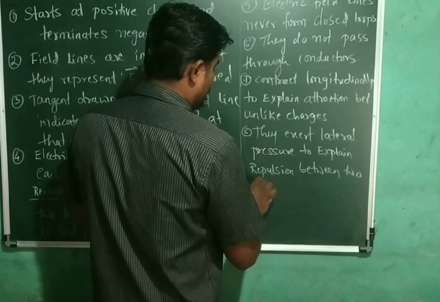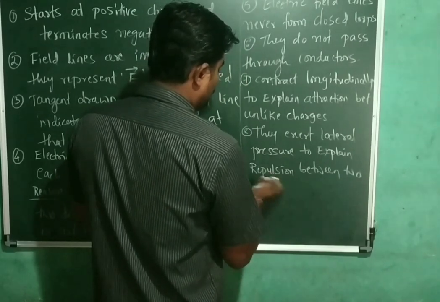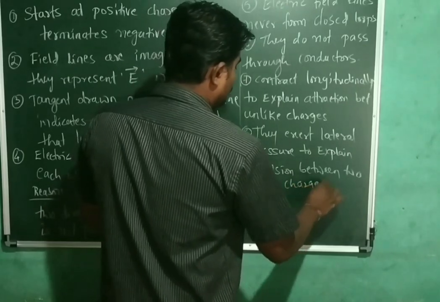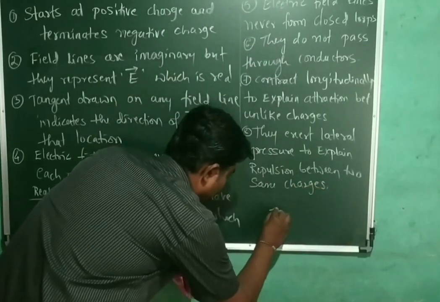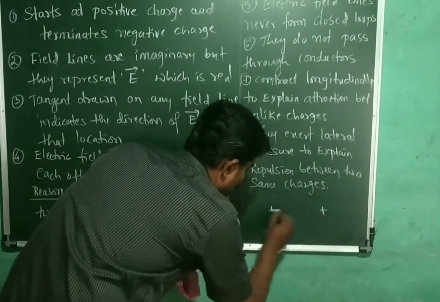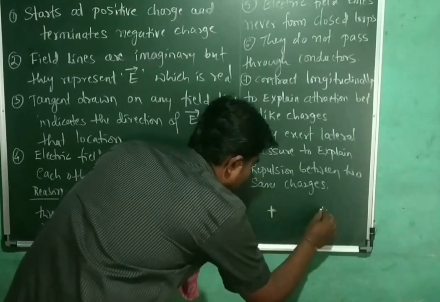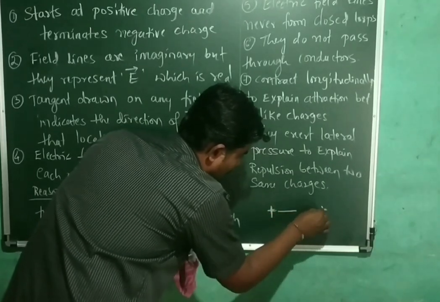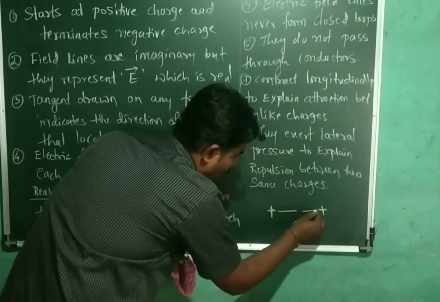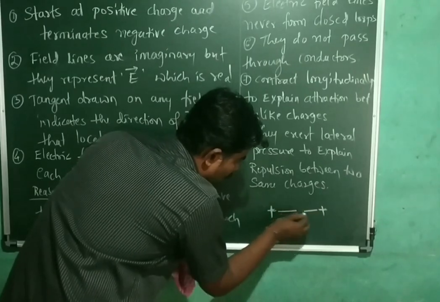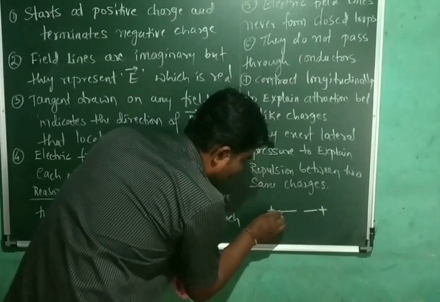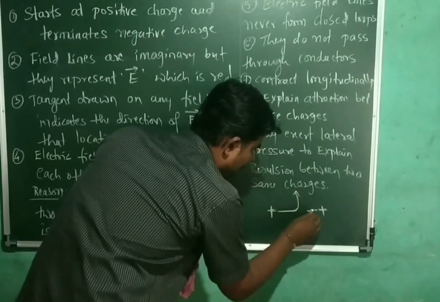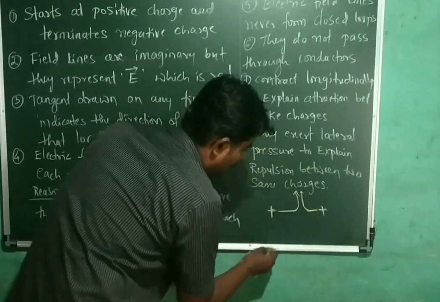Same charges. For example, see here, if this is a positive charge and this is a positive charge, both are like charges. The electric field lines will go this way, radially outward. And these two cannot meet each other, therefore they exert pressure laterally and they travel this way.